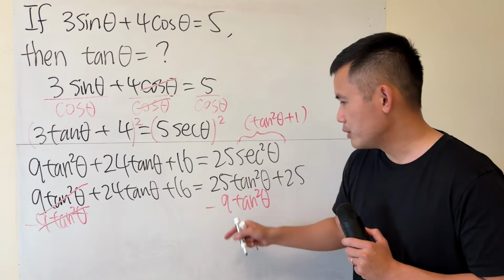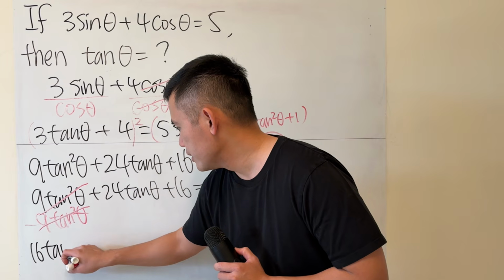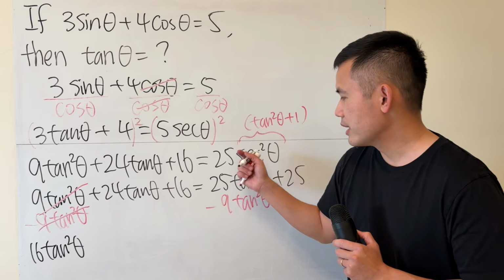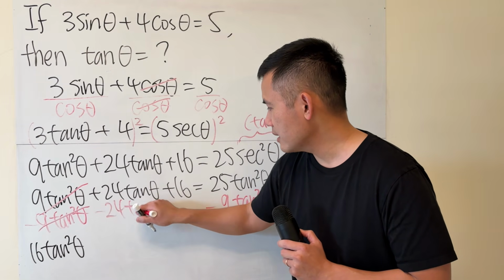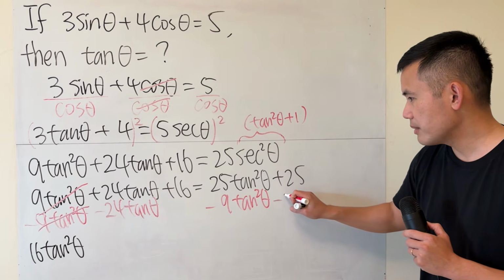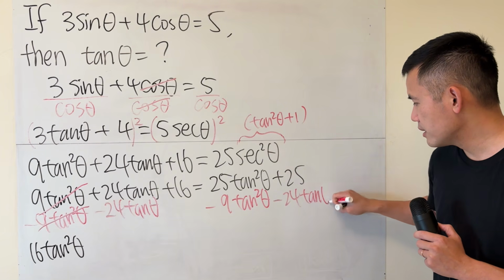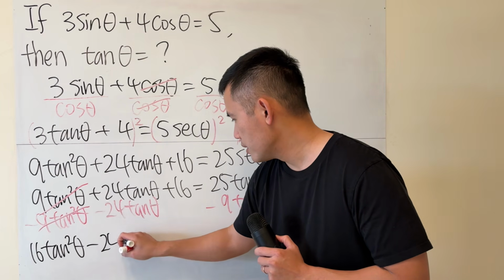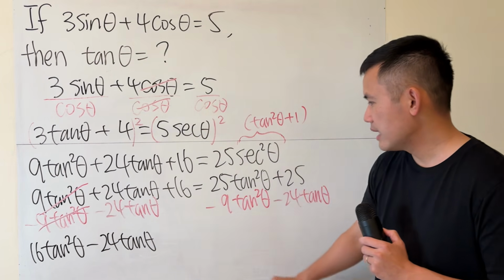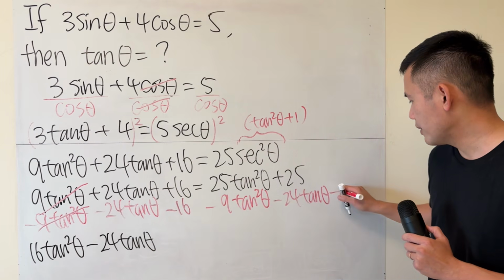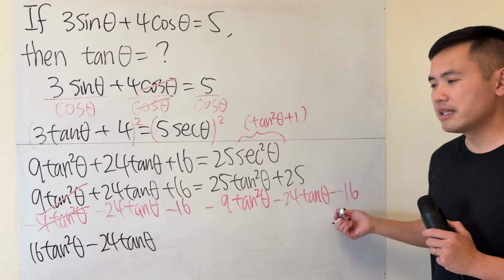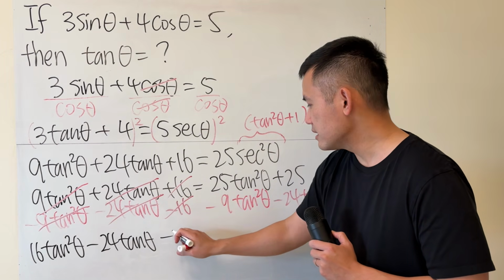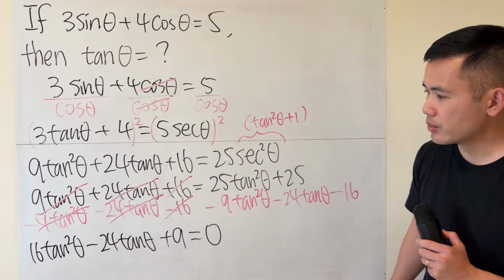This is 16 tangent square theta, and then bring this to the other side, so minus 24 tangent theta. So let's do the same thing here, minus 24 tangent theta. But there's nothing to be subtracted from, so just minus 24. And then lastly, subtract 16, and then I do have to subtract 16 here. 25 minus 16 is 9. So positive 9 actually, and that is equal to 0.